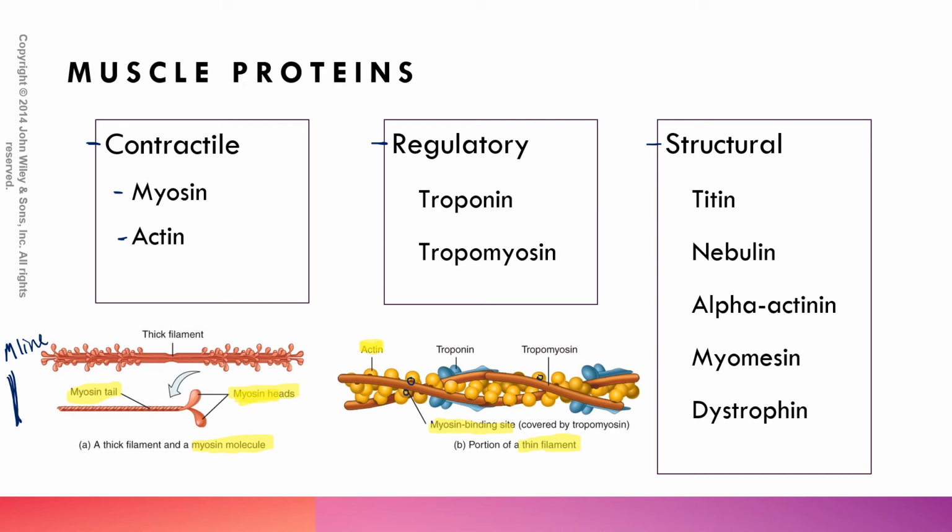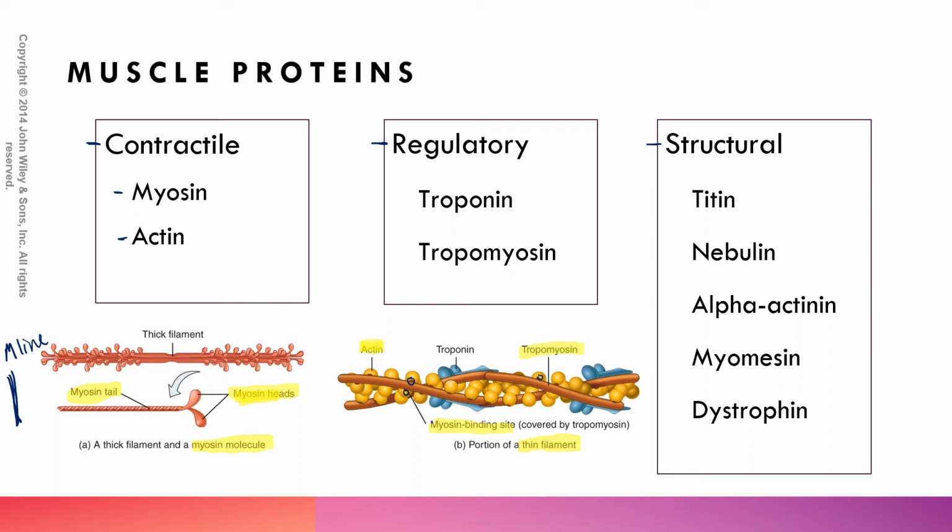Then we're going to talk about these regulatory proteins. You have smaller amounts of tropomyosin and troponin, which are also part of the thin filaments. In relaxed muscle, myosin is blocked from binding to actin because these strands of tropomyosin are covering the myosin binding sites on actin.